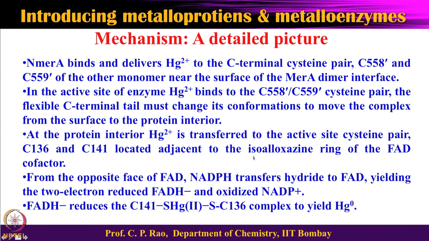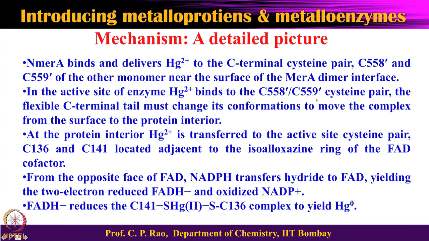So the mercury moves from the N terminal to C558, 559, and from C558, 559 to C136, 141. Therefore, you have a mercury ion basically flowing from the exterior, the surface, to the interior.